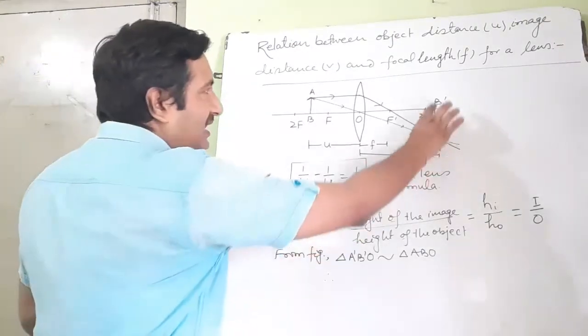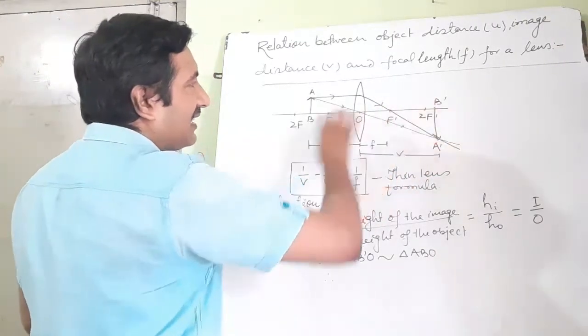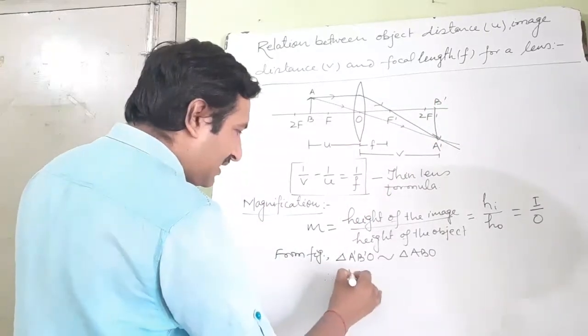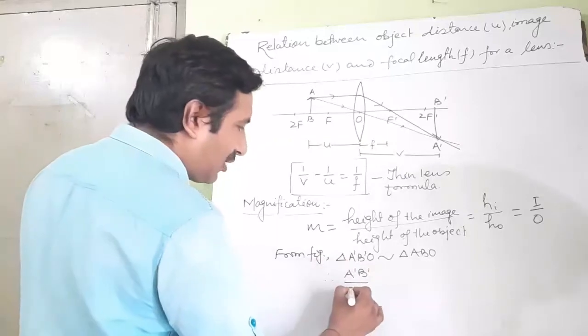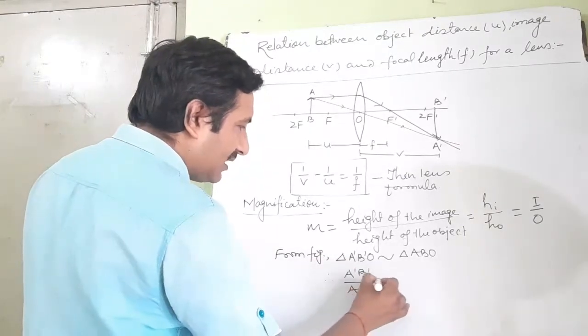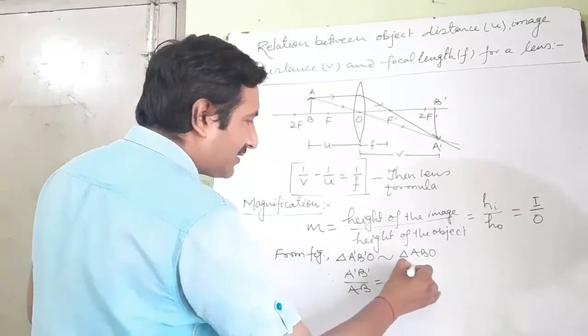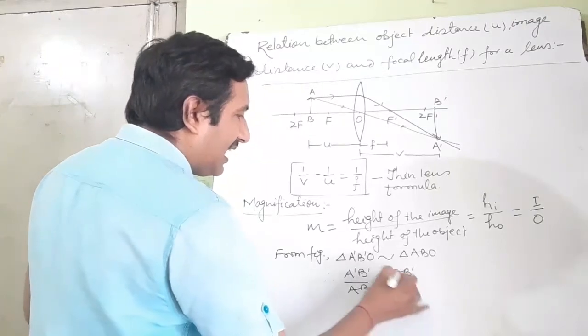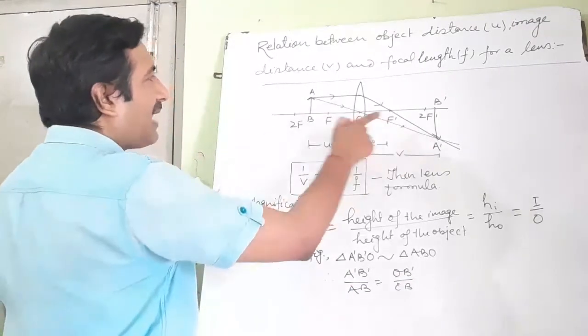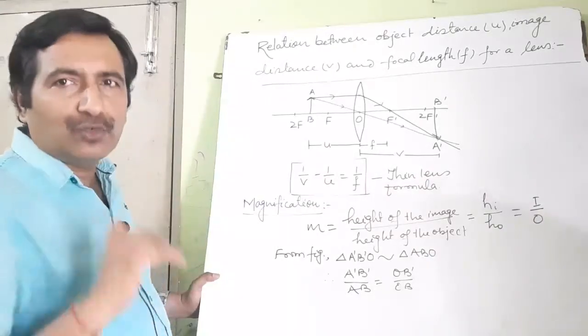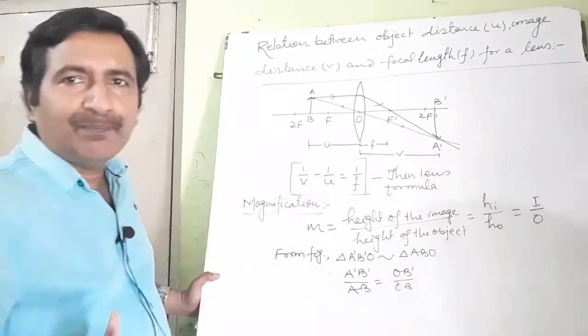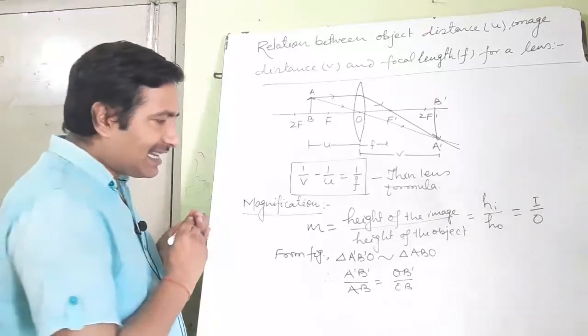So A dash B dash is the side of triangle A dash B dash O. A dash B dash by AB is corresponding side of other triangle. It is equal to OB dash by OB, and it will be equal to OA dash by OA, but OA dash and OA are not of our use, so I will not write them here. Is it clear? A dash B dash by AB.